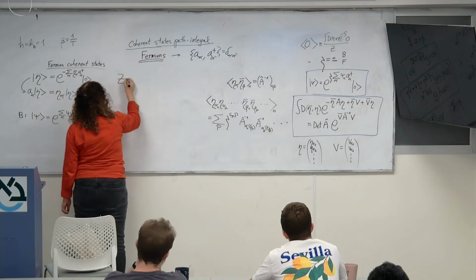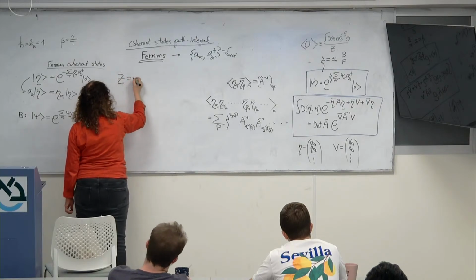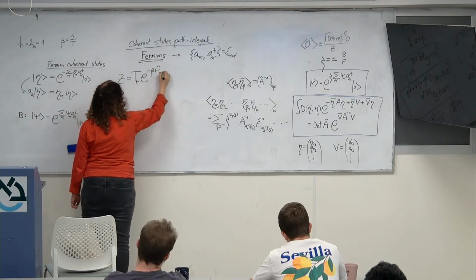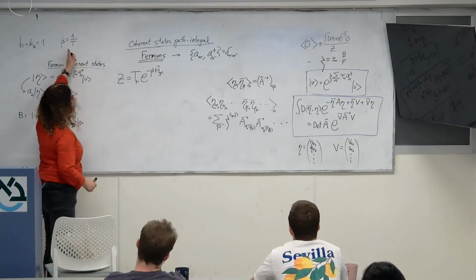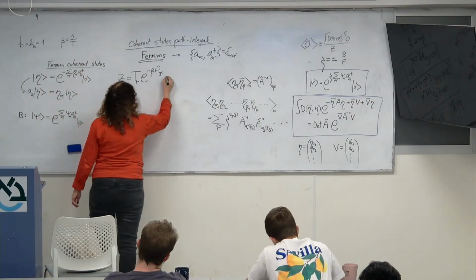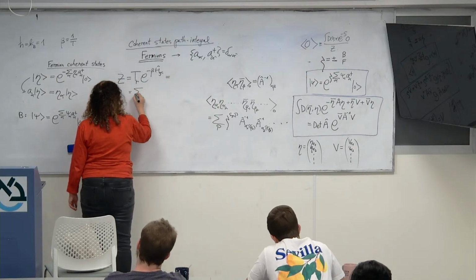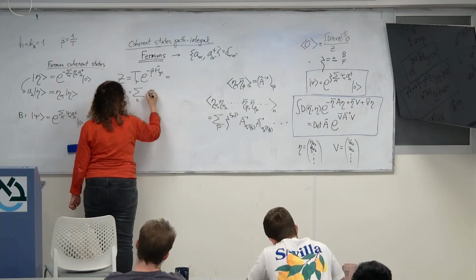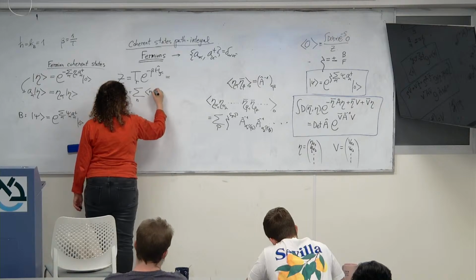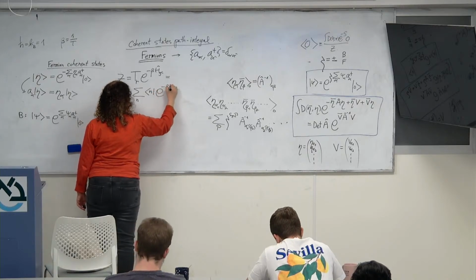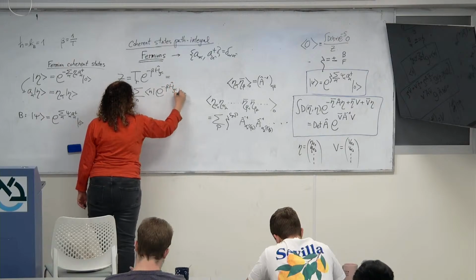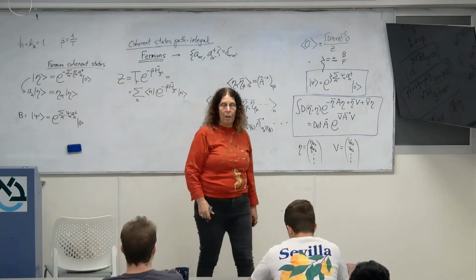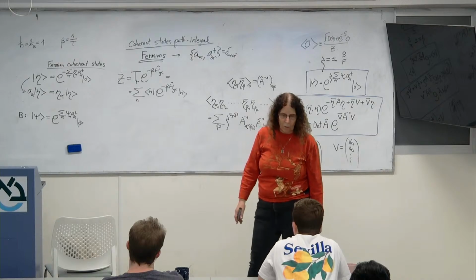Okay, so let's first write the partition function from the definition. This is what we want to compute. Beta is the inverse temperature, and we write it as a sum over n of the matrix element of e to the minus beta H between n and n, and here H is a grand canonical Hamiltonian of fermions, okay?